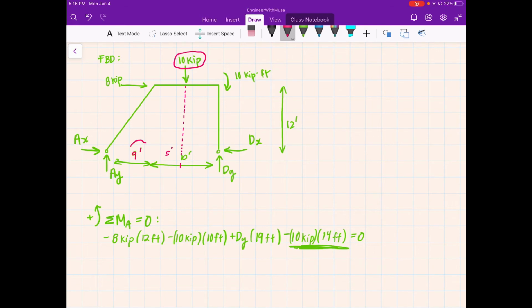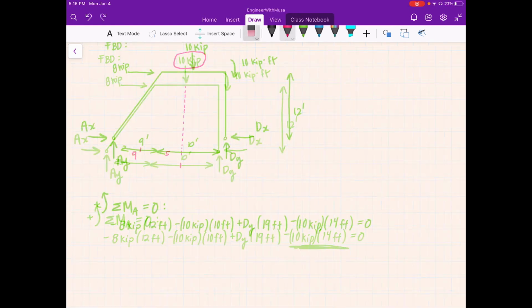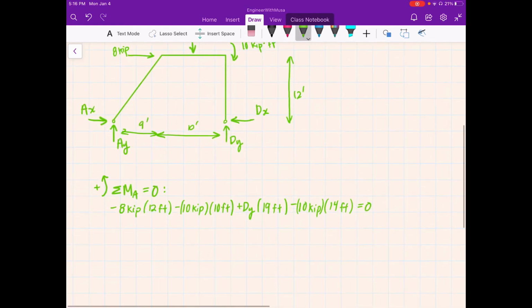So 9 plus 5 is 14 feet, and that's where we get this 14 from. And the 10 over here comes from this 10 kip load. So hopefully that makes sense. Now we can solve for DY, and we'll find that equals 17.68 kips.